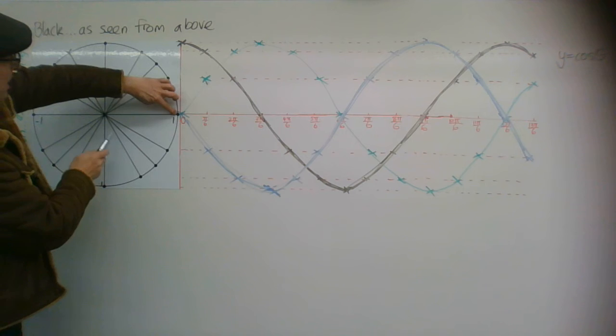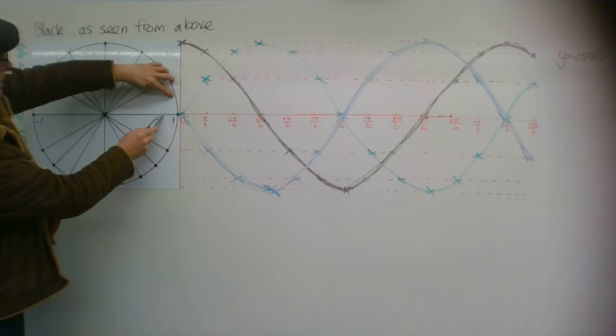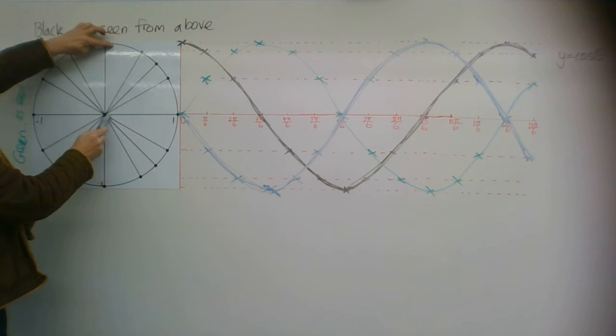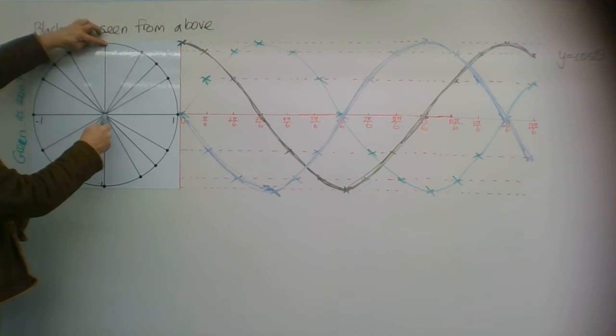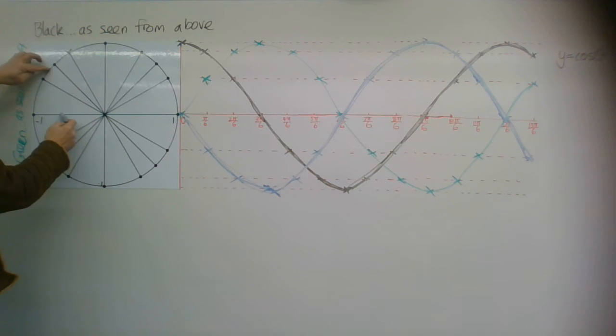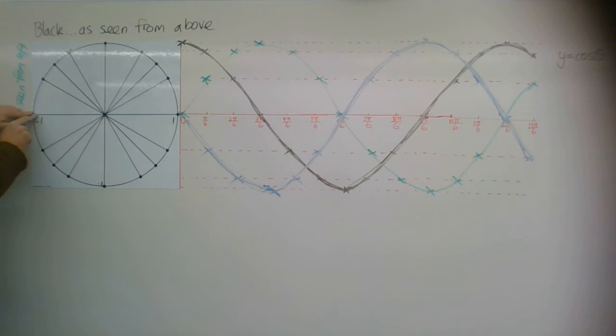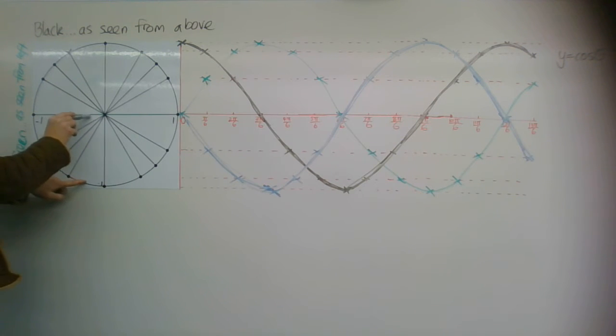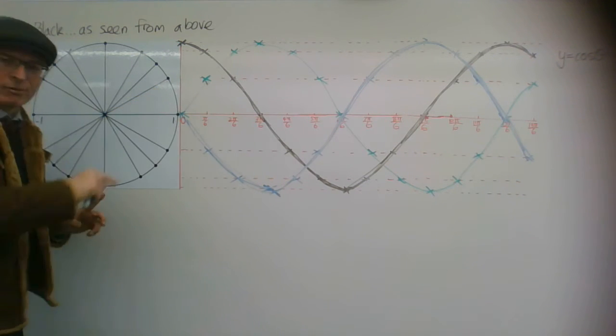So as the particle moves up here, it's going at its maximum horizontal, and then here it gets to 0, turns around, and it's going at its maximum horizontal there, but in the positive direction.